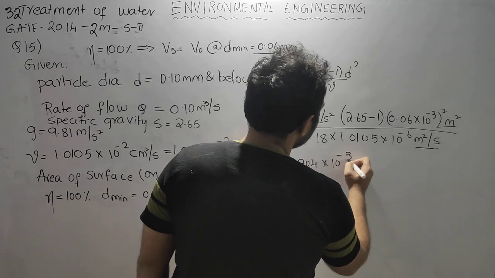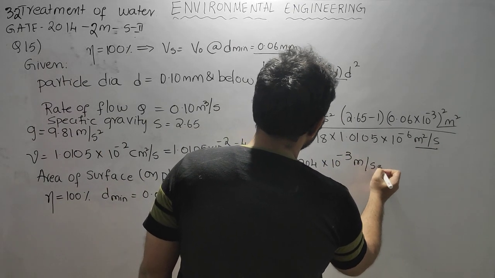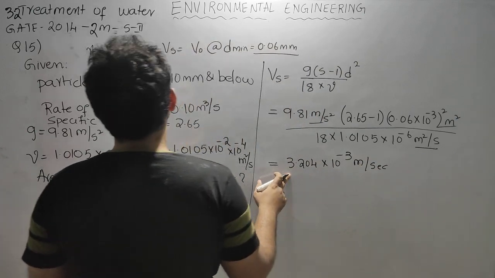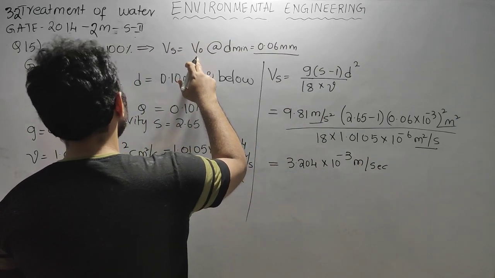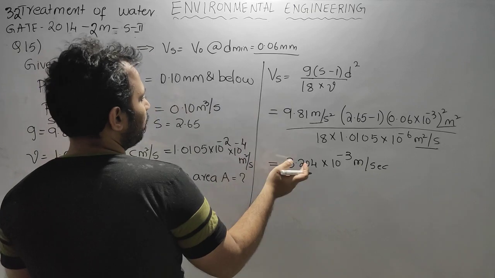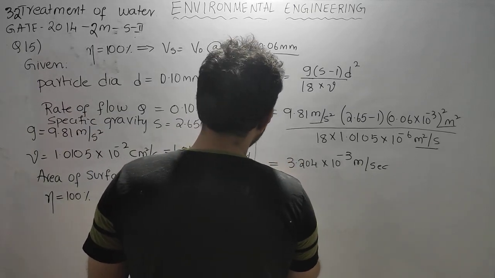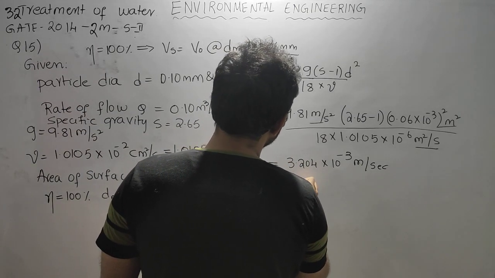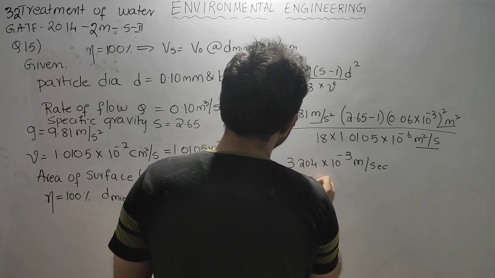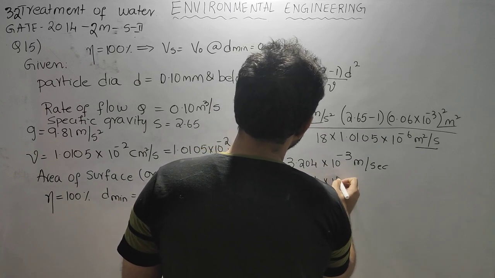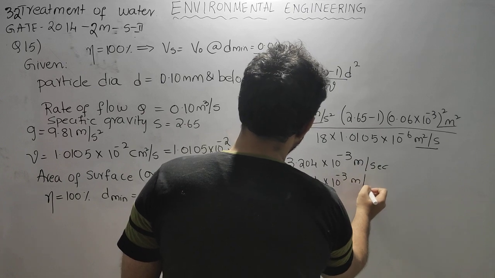Okay, so this is Vs. Now this Vs is equal to V naught, right? So this is also V naught. So V naught is equal to 3.204 into 10 to the power of minus 3 meter per second.